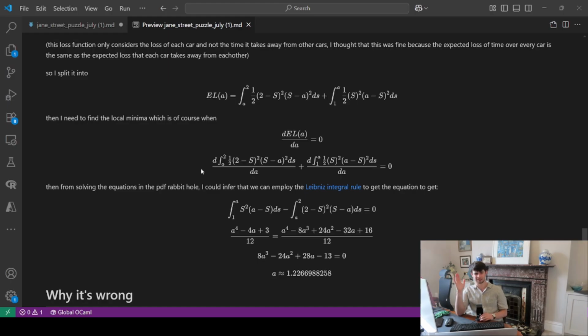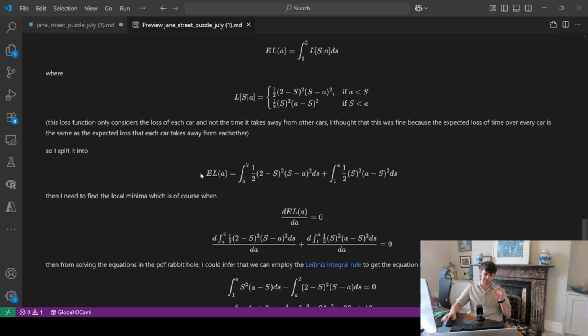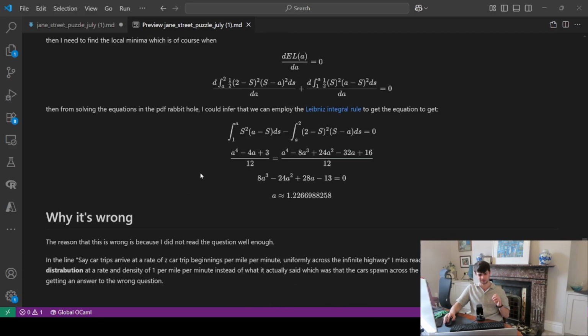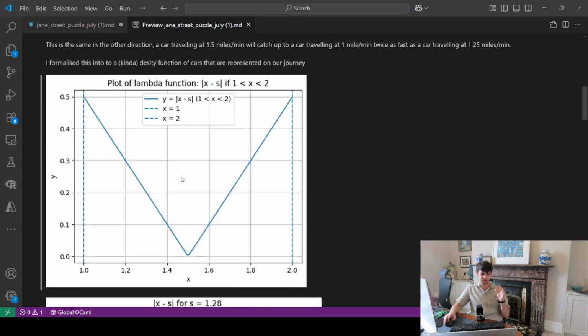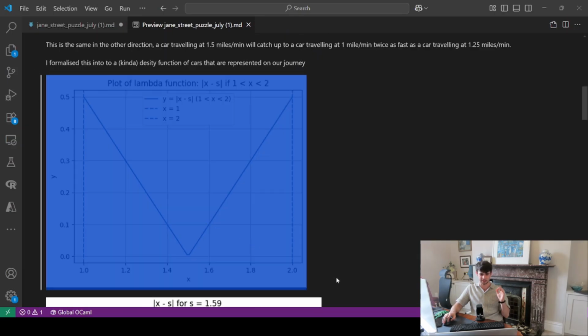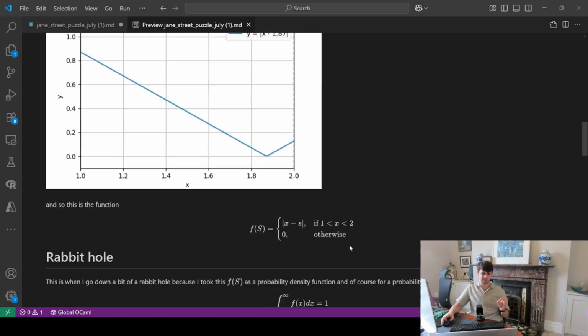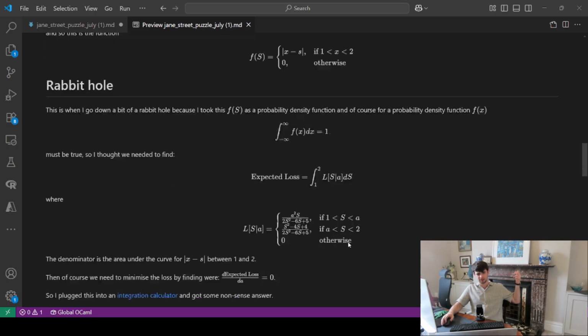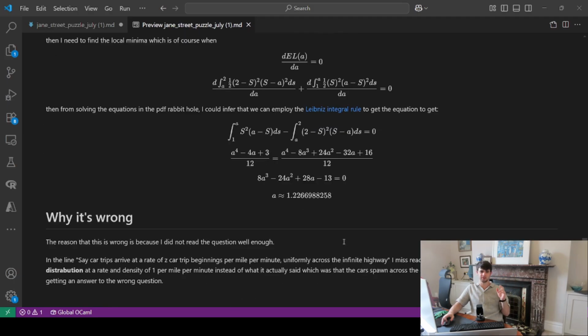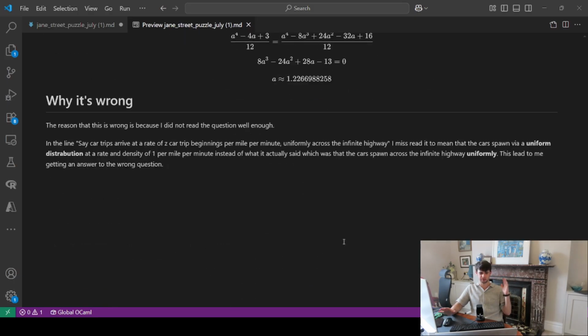And then finally the answer came out, and I realized where I'd completely gone wrong. Where I'd gone wrong is that I simply misread the question. So all this triangle nonsense and getting densities of what gets hit is not needed, because the way cars appear on the track is not from a uniform distribution of speeds.